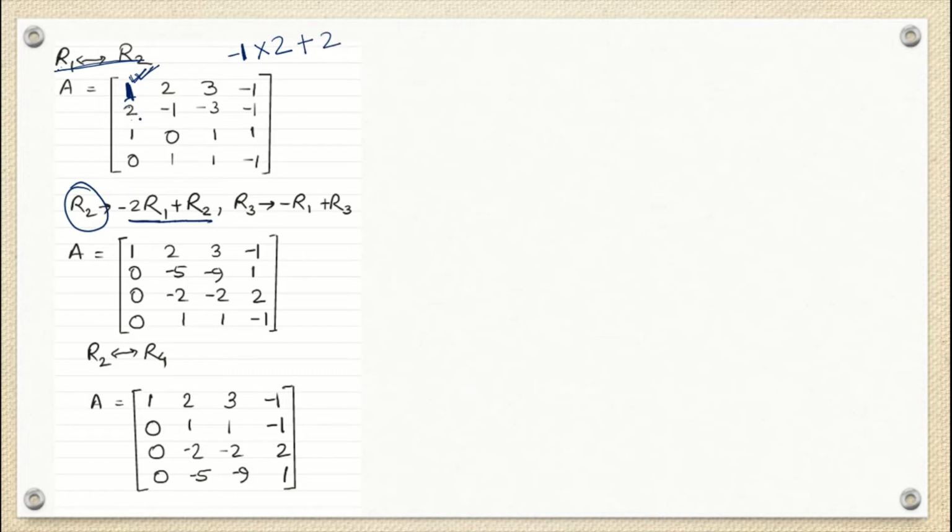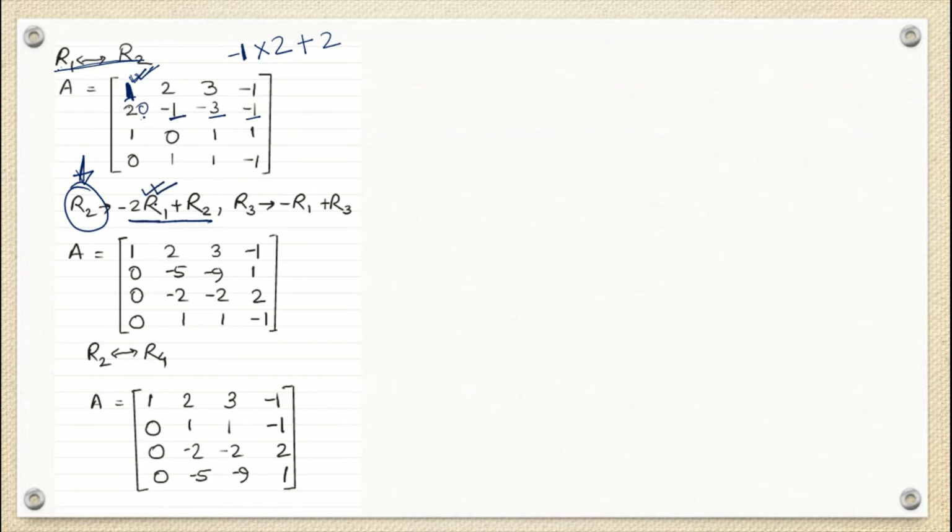My focus is to have 0 at this place, but whatever operation I perform on this row, I have to perform on each and every element present in this row. But I am not worried about what the other entries will become. I am only interested in having 0 here. For that, I am performing this row transformation.